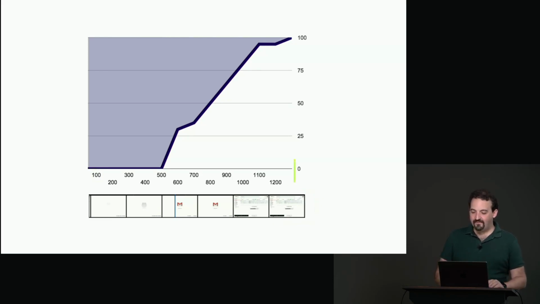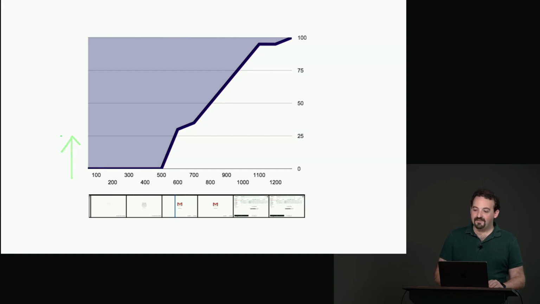What's the end? The end of the timeline is when the page is loaded. And then what we measure at any point in the x-axis is how much of the final rendering is actually rendered at that point. So, for example, here we see nothing because it's white. The line is over 0 on the y-axis.